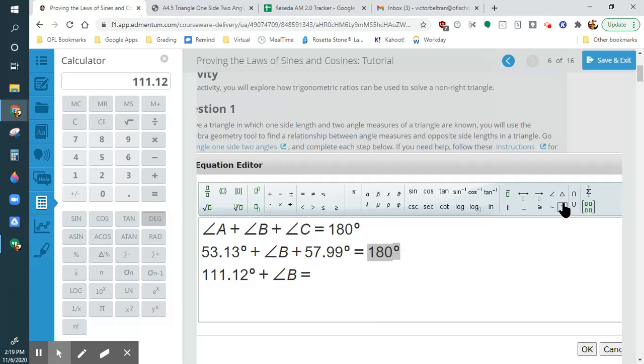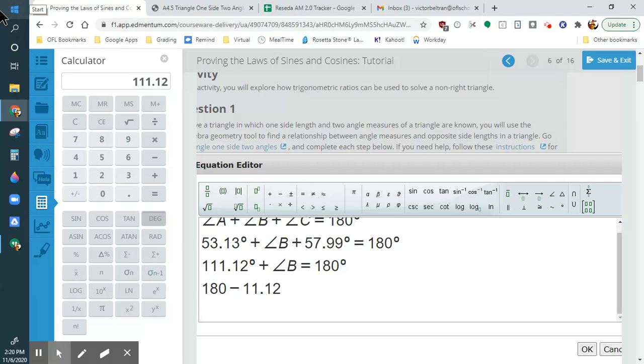Probably could have typed it out by now instead of being lazy, but I don't like clicking on the degree symbol. Now we're going to subtract this number from 180. So 180 minus 111.12. I forgot my angle B. We're subtracting it from both sides.